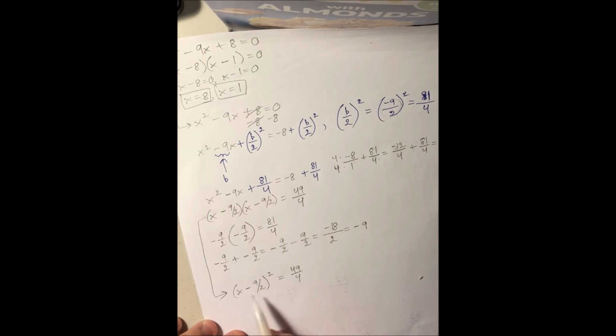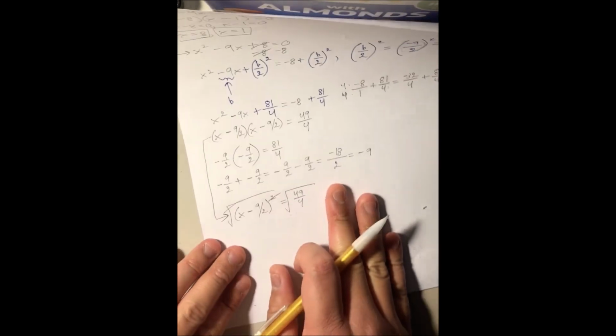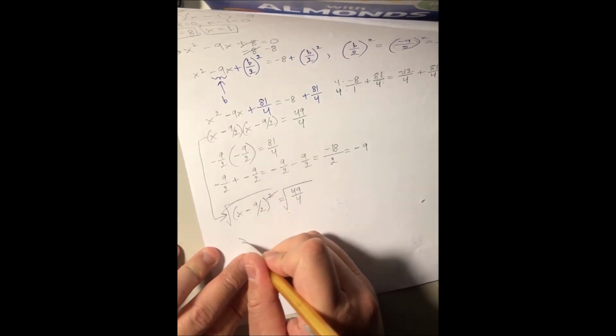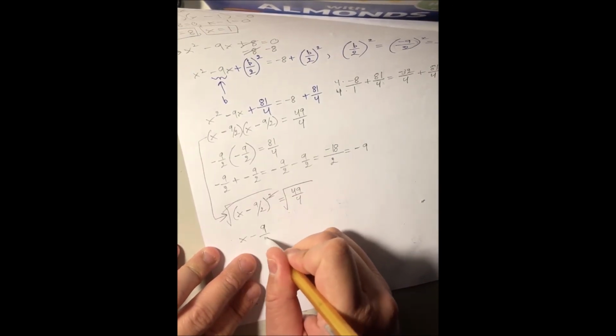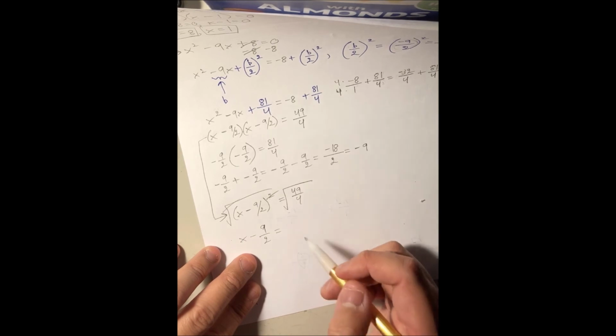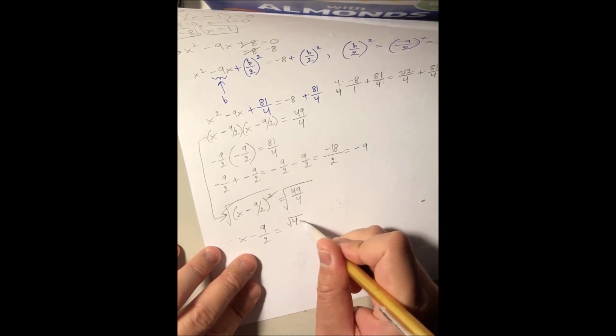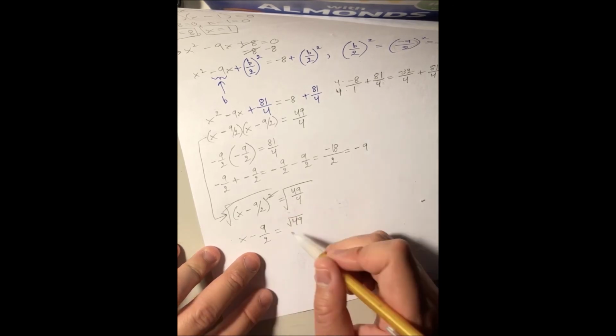We want to solve for x, so we have to get rid of the second exponent and the minus 9 over 2 by first taking the square root of both sides to take away the second exponent. So left hand side we're left with x minus 9 over 2. Right hand side, because we only have division underneath the square root, the exponent can be separated into two distinct ones.